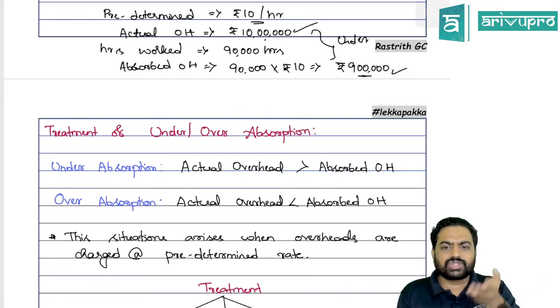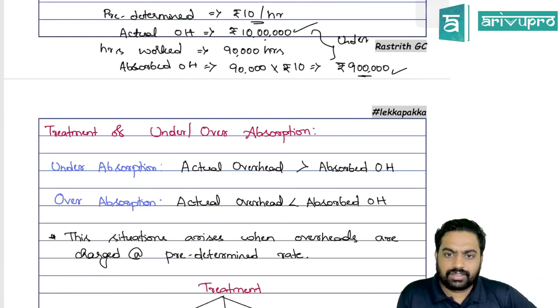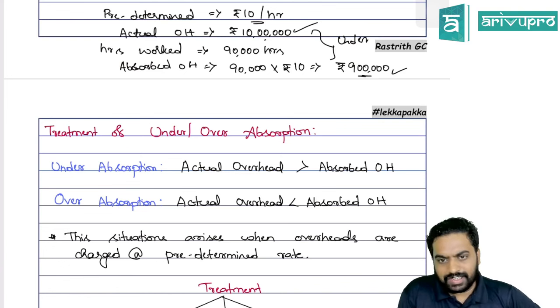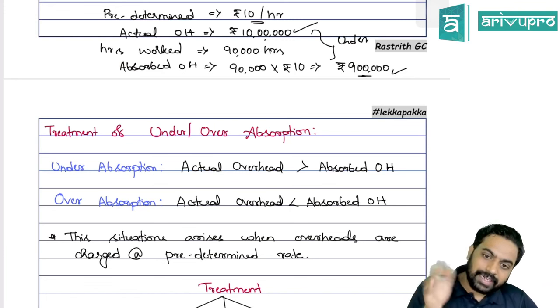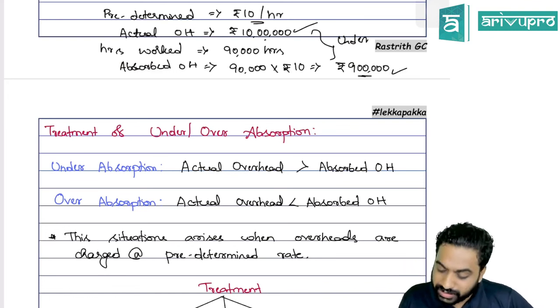Otherwise, actual minus actual, what deviation will we get? Nothing. So only in the case of predetermined rates will under or over absorption come.